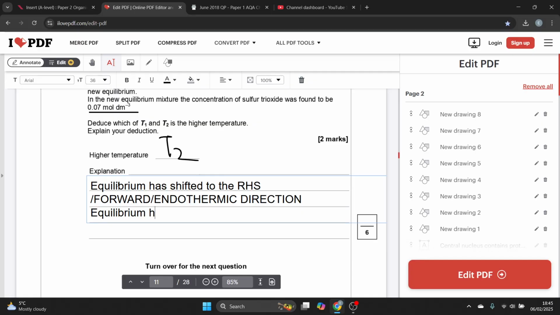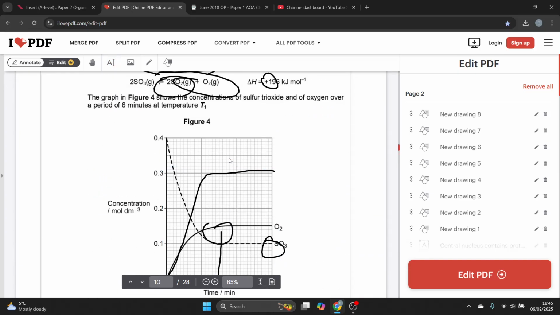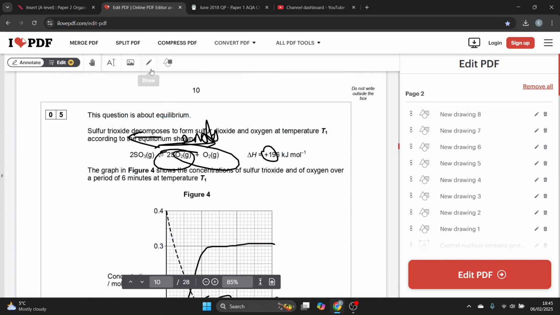Equilibrium opposes the increase in temperature, hence equilibrium moves to decrease the temperature. Oh, sulfur trioxide. Yeah. Well, originally, sorry, I thought that was sulfur trioxide, that's sulfur dioxide.